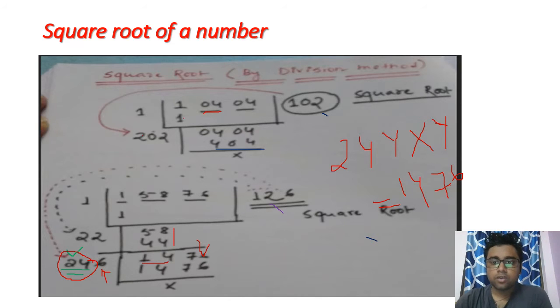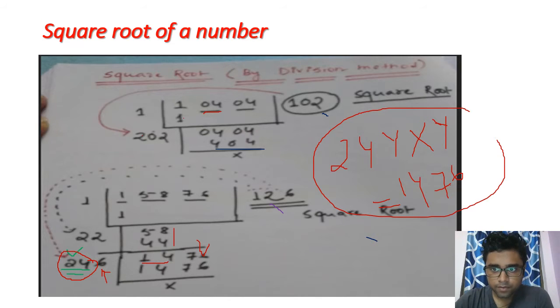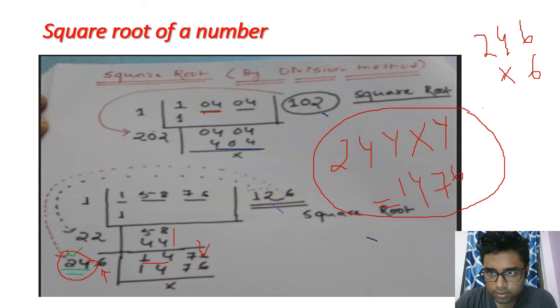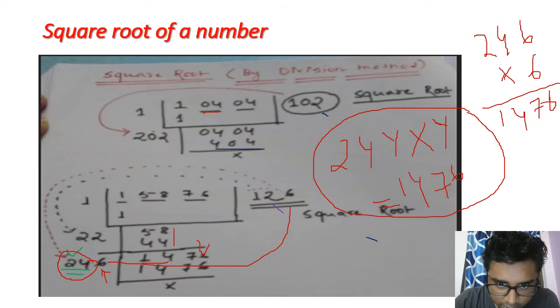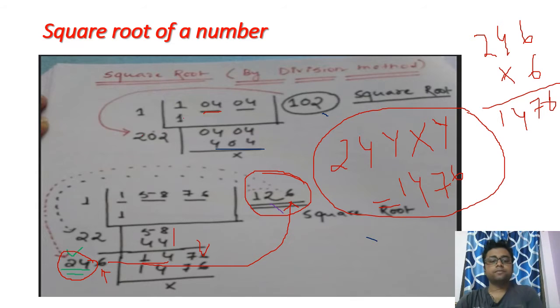Okay, fine. So what should be the number? That is 246 cross 6, where we get 1476. So put that 6 here, we get the square root.